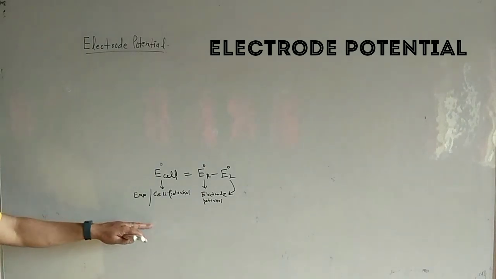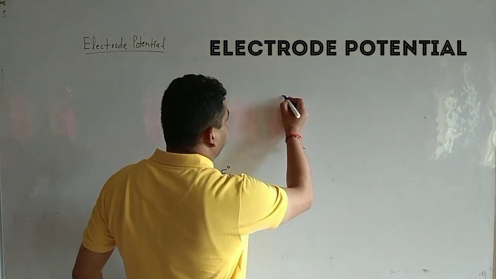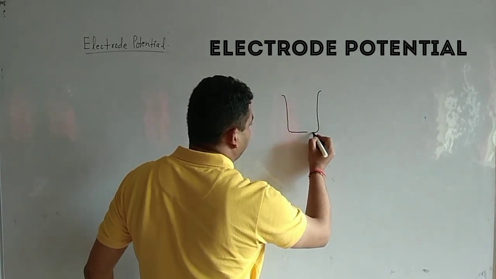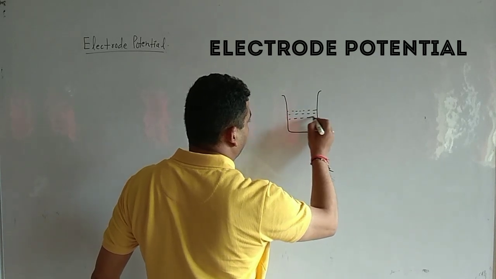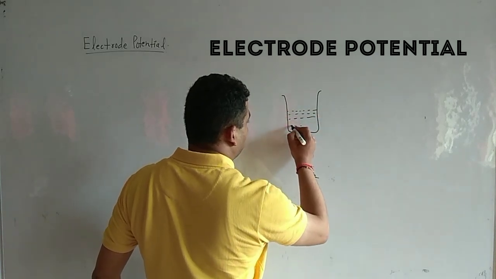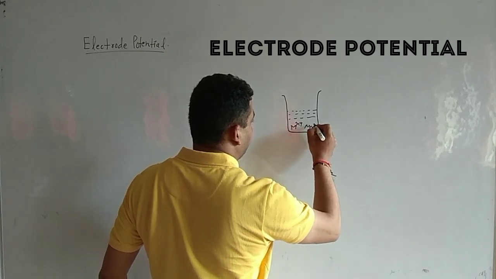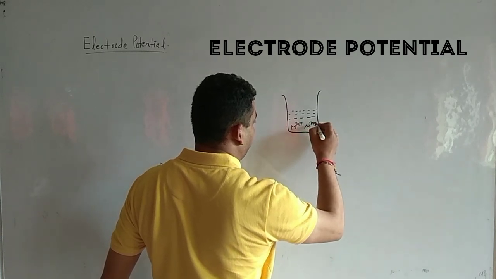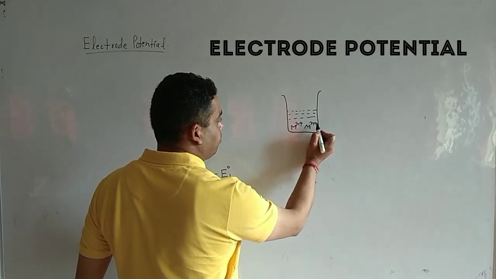To define this electrode potential, I am giving you a scheme. Say this is a container, and in this container I have some metal ions, say M n positive. That means this is a metal in a particular oxidation state, where n is the number 1, 2, 3, whatever.